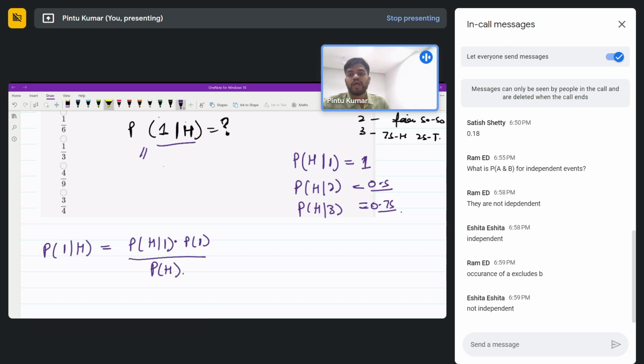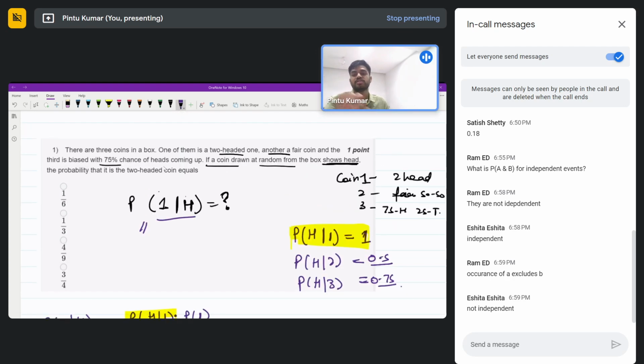Now if you look at these terms, the first one is something that we know. This is the information that was already available with us. If you carefully look at the second term, what it is saying is that you had 3 coins in the box and you picked up one coin randomly. So what is the probability of getting either coin 1 or coin 2 or coin 3?